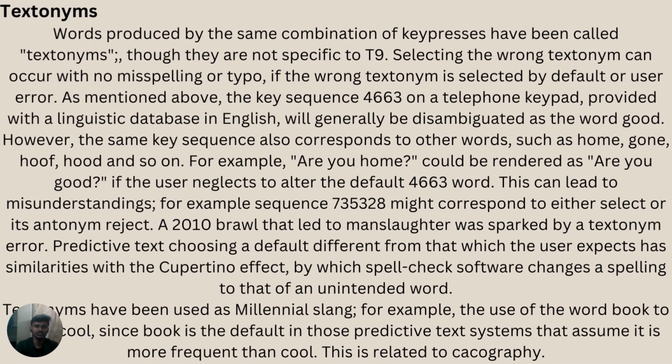Textonyms have been used as millennial slang, for example, the use of the word book to mean cool, since book is the default in those predictive text systems that assume it's more frequent than cool. This is related to cacography.